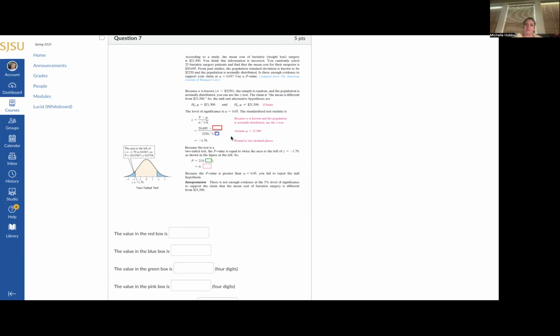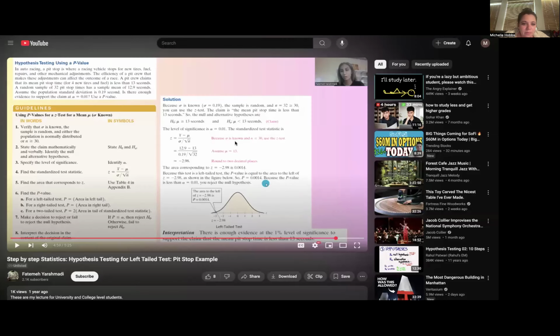I think I can figure this out, but I have to look back at this because I forget where to plug in the values. Okay, looking back at this one.